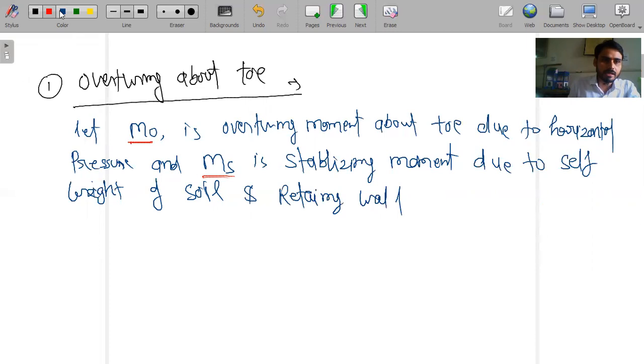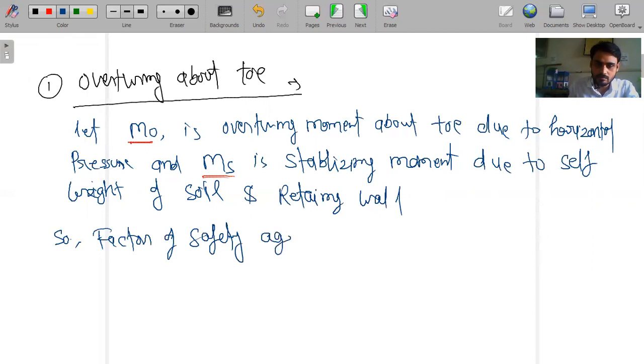So if we calculate the factor of safety against overturning, F1, what will be the factor of safety? The factor of safety will be equal to the design value divided by the working value. So here the design value is MS and the working value is MO.